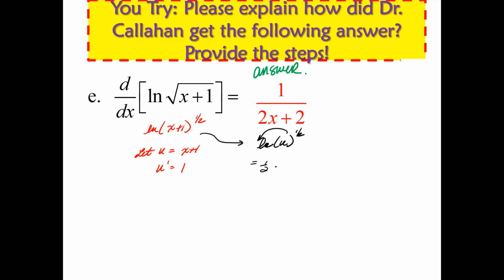That gives me a 1/2 ln u to the negative 1/2 times u prime. So then I would have a 1 right here. Then I'm going to put the u sub back.